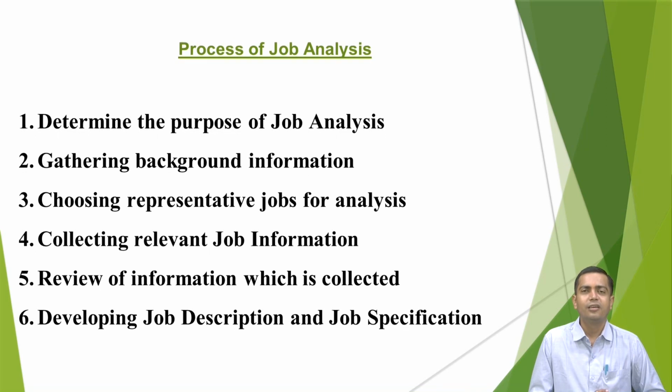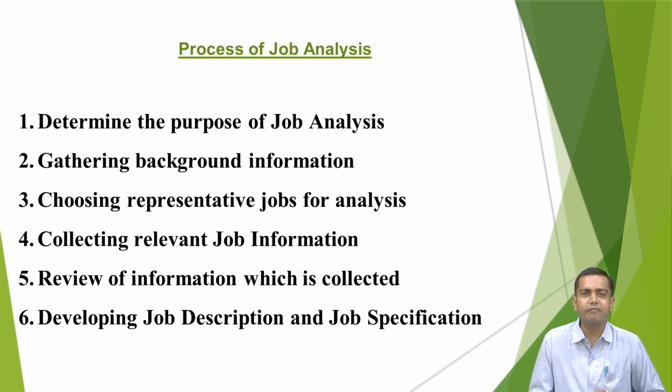But when there is a procedure or there is a process, which means you have to follow the order. You cannot skip or change the order of any particular step. Otherwise, your process will be in trouble and we fail to get the desired outcome.